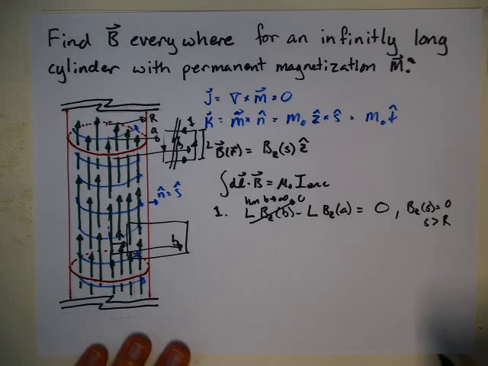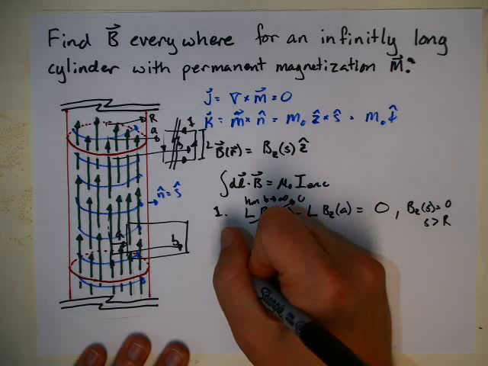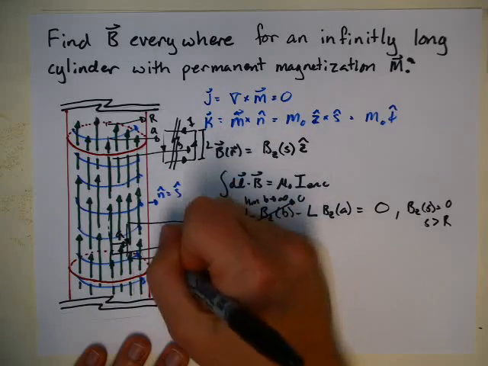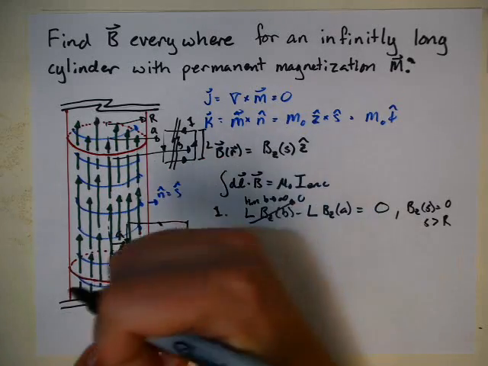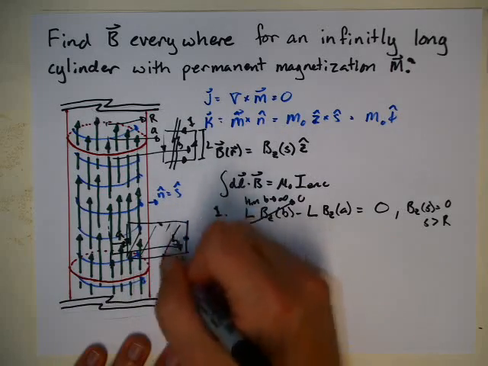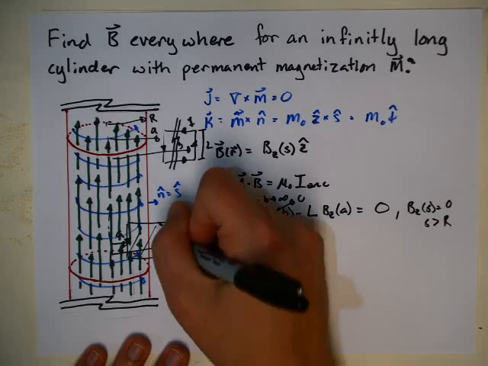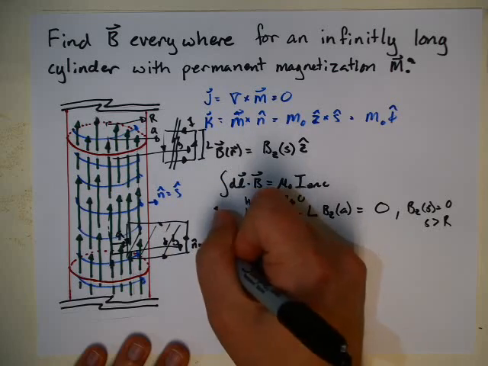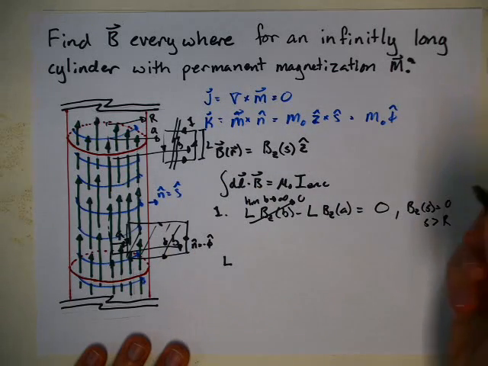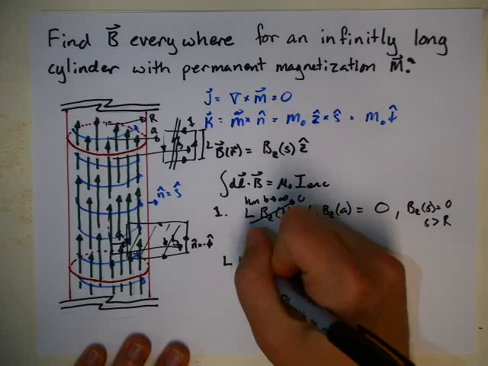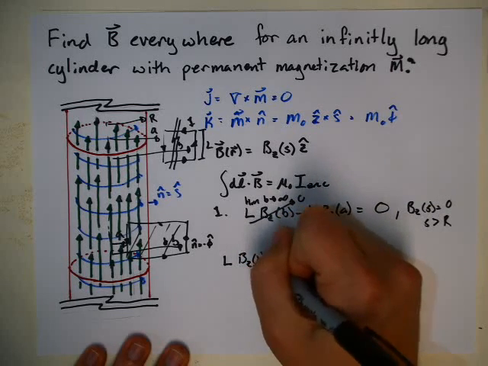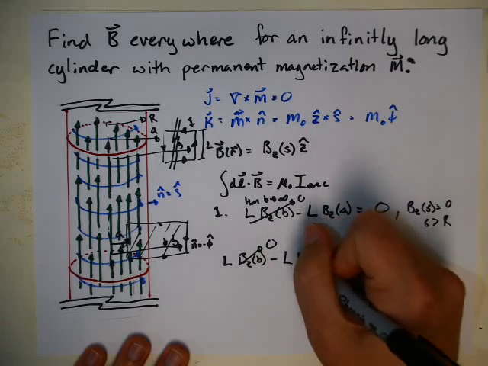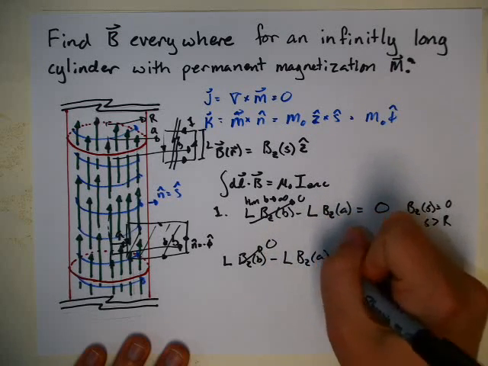Now for the second loop, we are going to have a very similar expression. In this case, the way I've drawn this, the n hat is pointing out of the board for this guy, and so that's in the minus phi hat direction. So now I'm going to get L times Bz of b, which we know is 0 because of that statement, minus L times Bz of a.